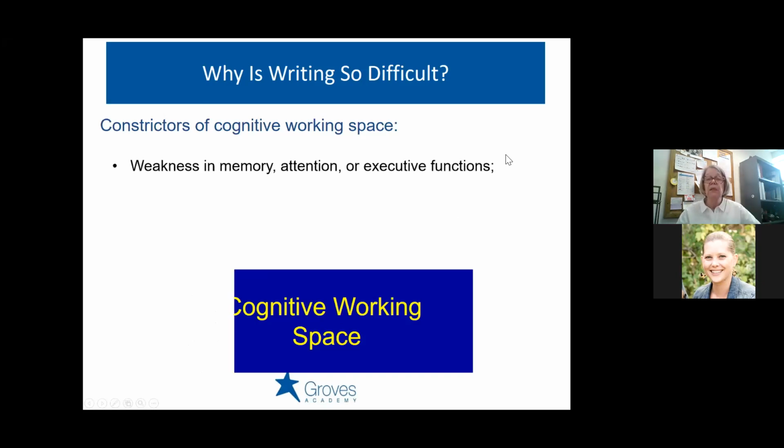And so there are a number of things that will constrict or cut down available cognitive working space. One of them is if your memory or attention is weak, or you have trouble focusing or shifting, and the other kinds of planning and organization that are part of executive function. That lops off some of the cognitive working space, because then you have to spend a lot of time planning and thinking about and paying attention, and it's hard.